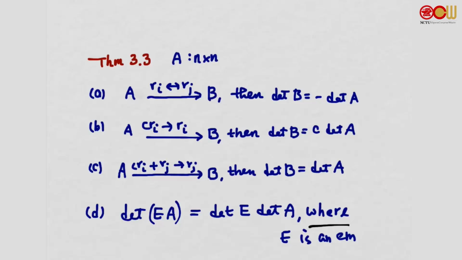Whenever E is an elementary matrix, whichever type it is, row interchange, scaling or row addition, the determinant of EA is the same as determinant E times determinant A.